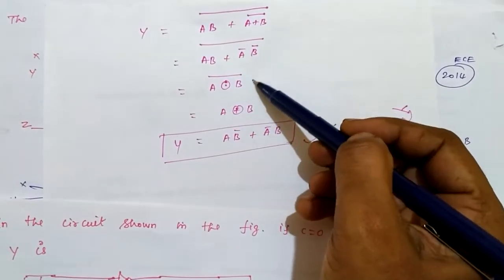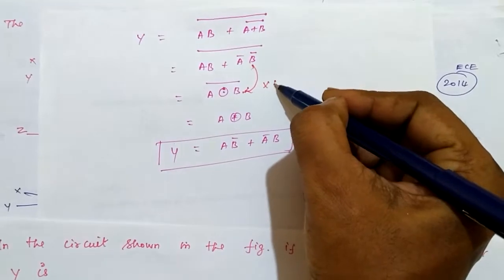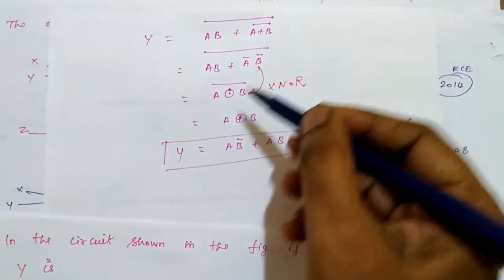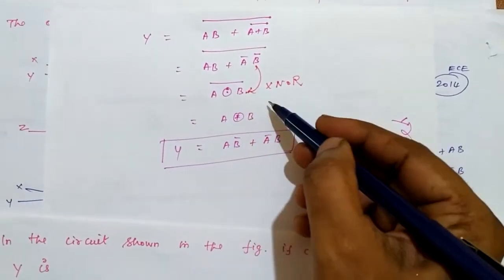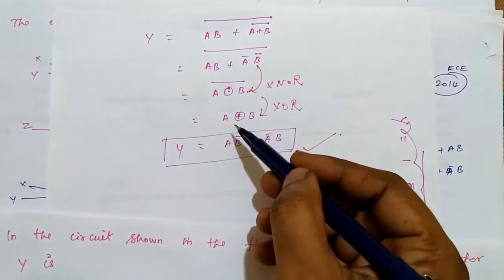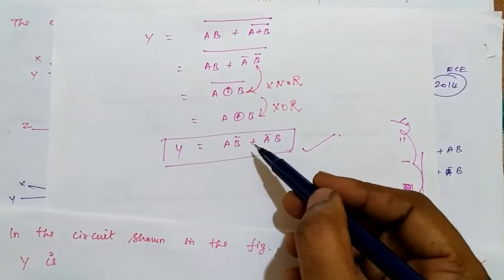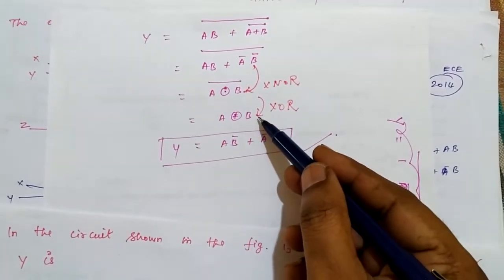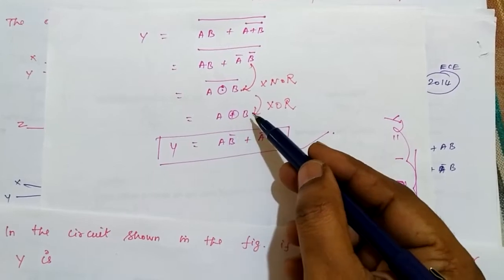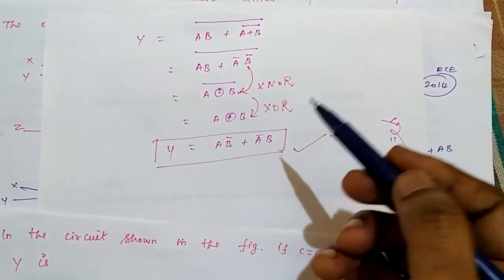This is nothing but the XNOR gate formula. The XNOR complement is XOR. So XOR can be expanded as (A plus B)(A bar plus B bar), which gives AB bar plus A bar B.